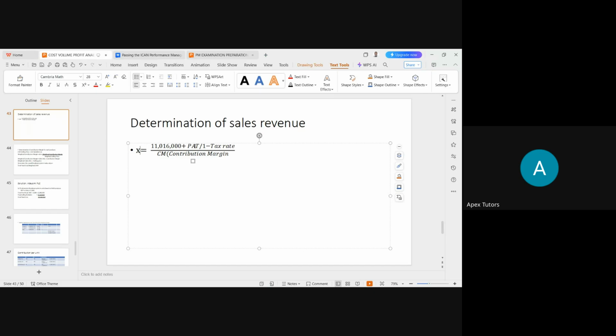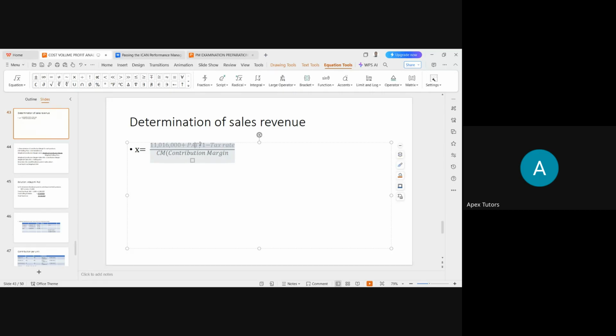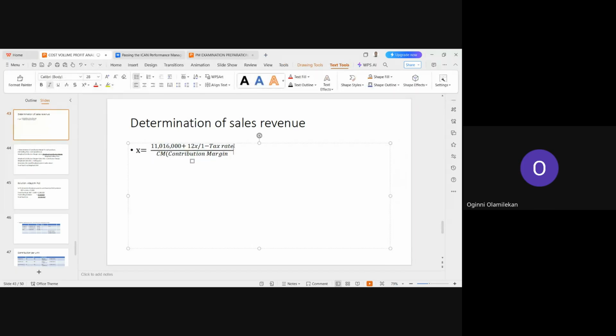Now, profit after tax will be on the revenue. So what is that element? It will be 12% of X. And the tax rate from the question is 40%.